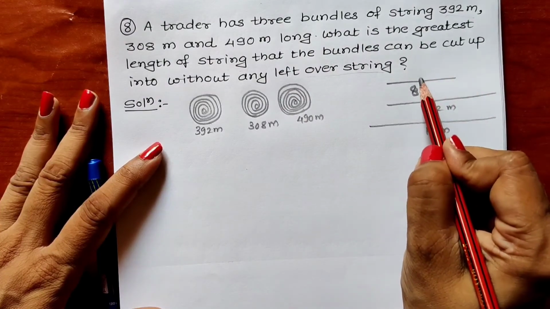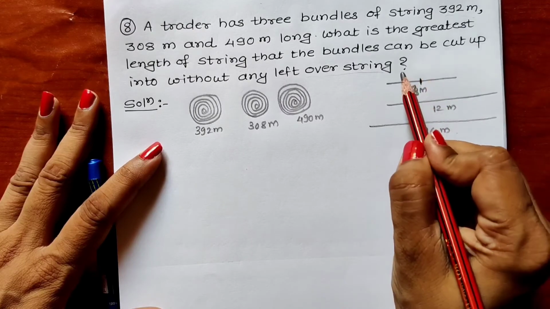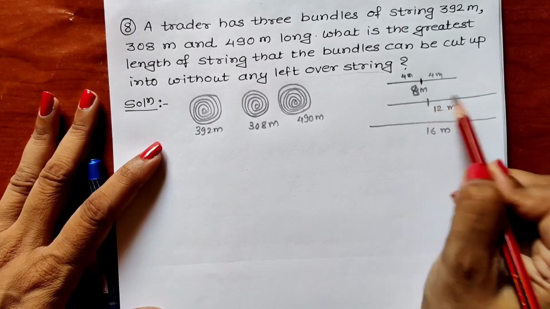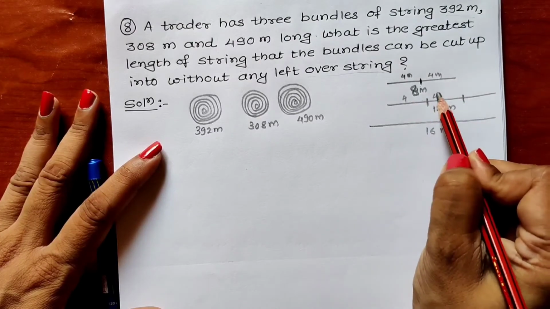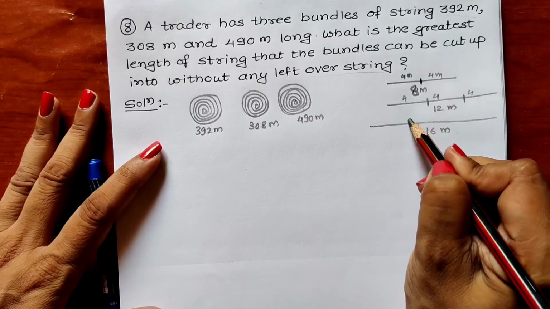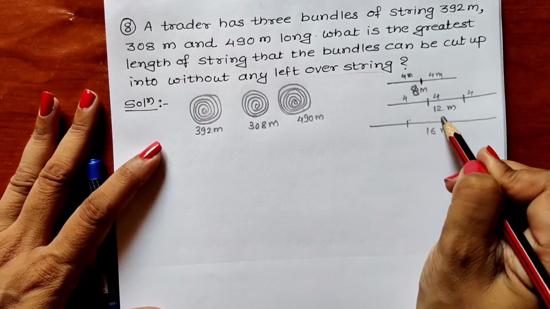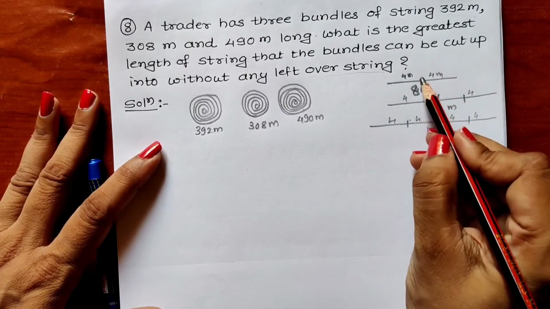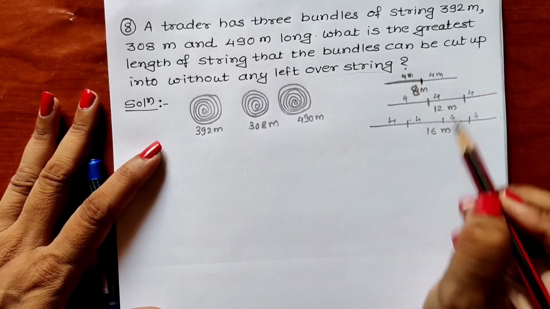So we can divide this 8 meter into 4 meter, 4 meter. This 12 meter also can be divided into 4, 4, 4, 3 4s are 12. Again this 16 can be divided into 4, 4, 4, 4. That means 4 pieces. So greatest length of each piece is 4 meter.